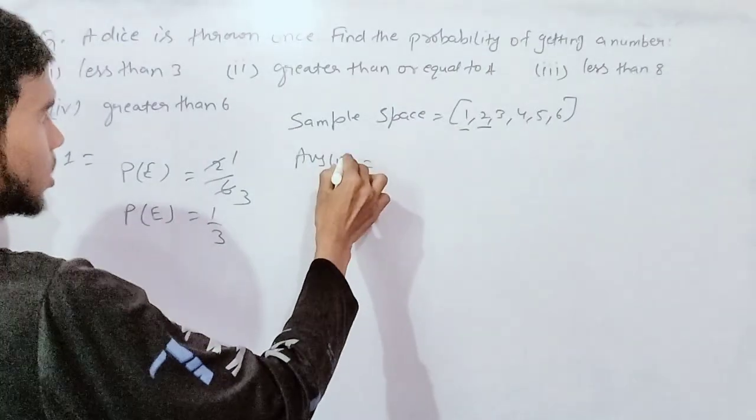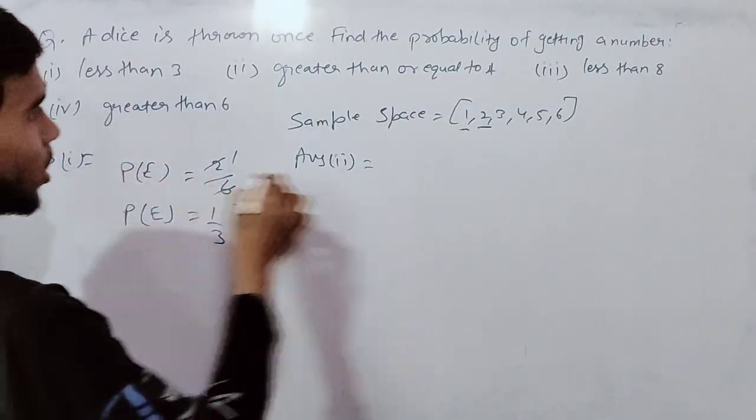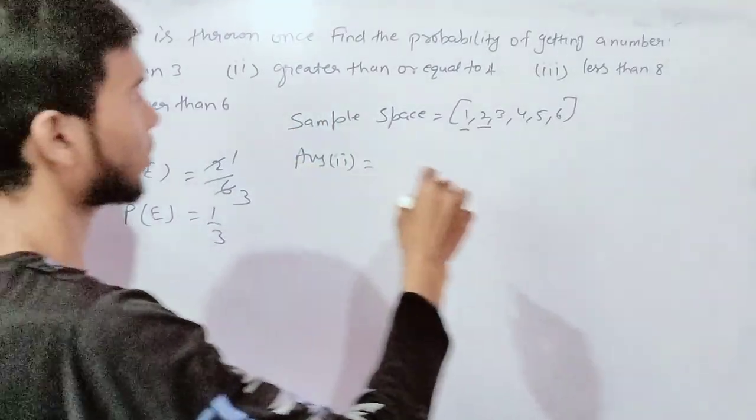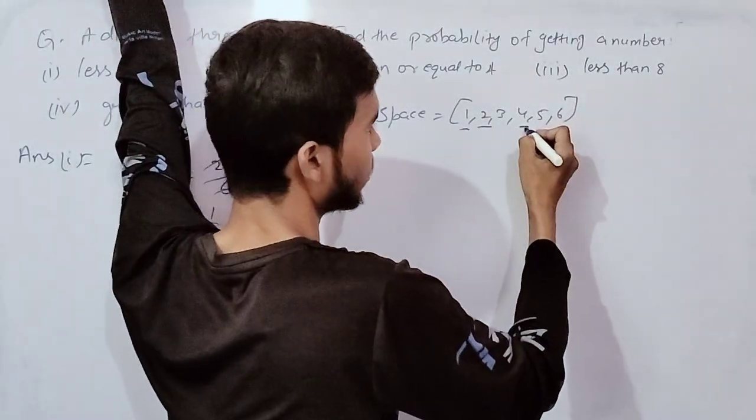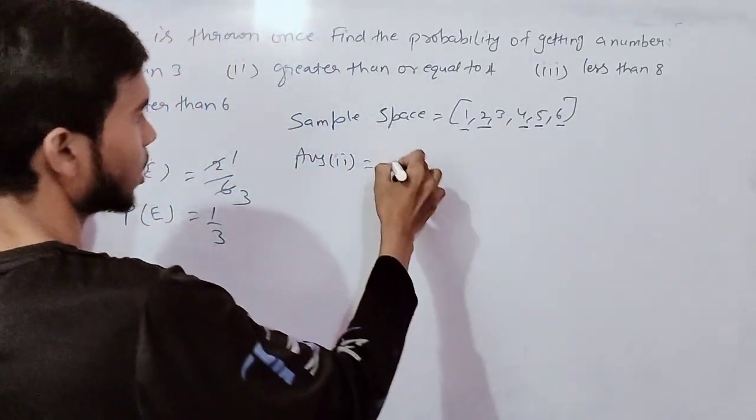Now next, answer of second question. Greater than or equal to 4. This is equal to 4. Greater than 4 is what? 5, 6. So there are 3 numbers.